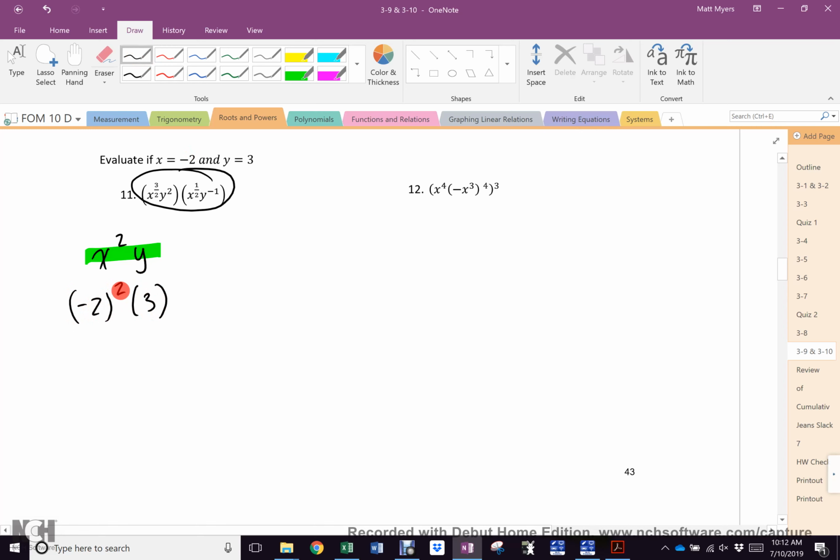What's -2 squared? -2 squared. The negative's part of the base. 4 times 3 is 12. Now, if you'd gone the other way, putting it in there, you would be in a big, giant mess.